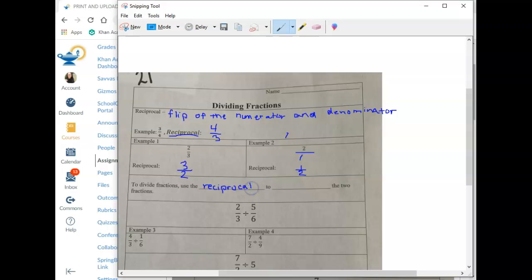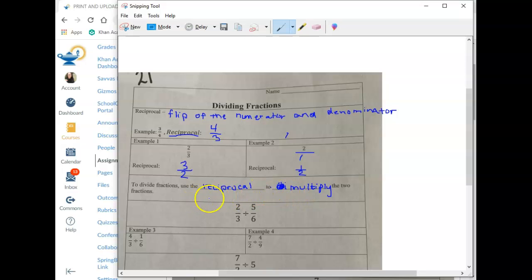Oh, I mean, sorry, not to divide. And then what you're going to do is multiply the two. So to divide fractions, you use the reciprocal to multiply the two, okay?